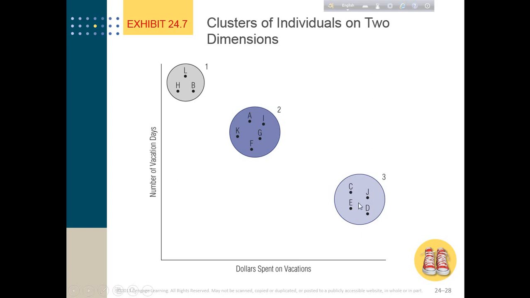And last of all, this group includes respondents C, E, D, and J. Probably they are the elite group because they spend a large amount of dollars. However, the number of days spent on vacation is relatively smaller. So the purpose of cluster analysis is to group observations to get some characteristics of each of the groups.